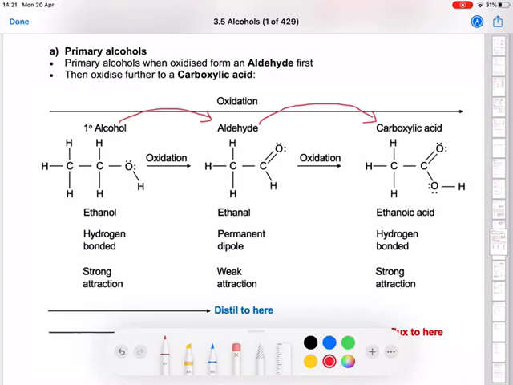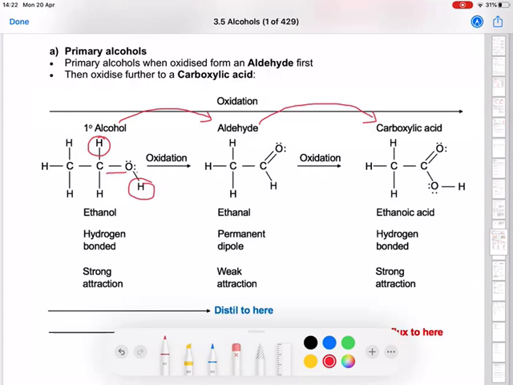If we look at what's going on in the first step, what we're removing is that oxygen there and a double bond being put there, and one of the hydrogens on the carbon that it's attached to. And that gives me the ethanal, which is the aldehyde.